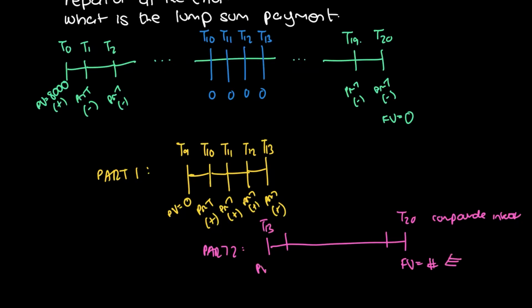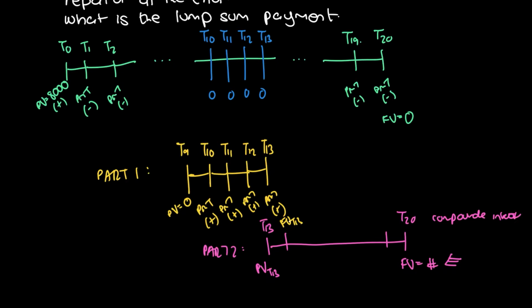And the present value for this one at T13 is equal to the future value at T13 from that one. So that goes down to here. Let's just clean that up. There we go. So let's go and write down all the information for part 1.